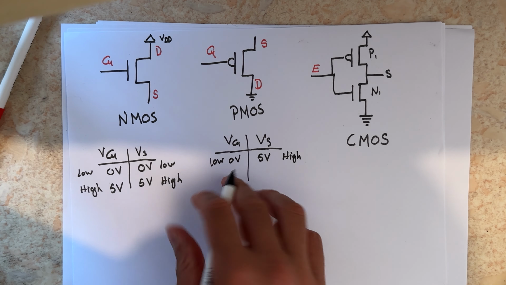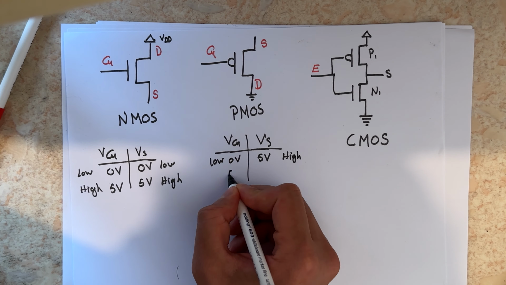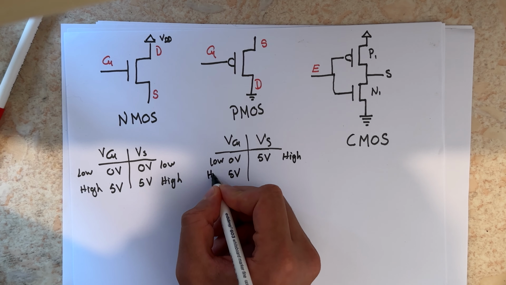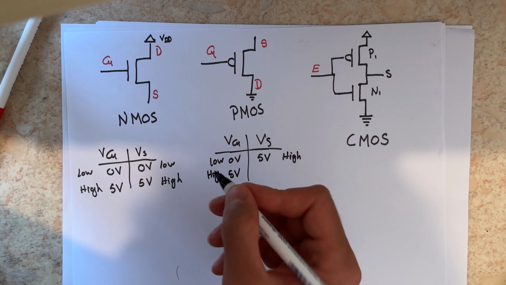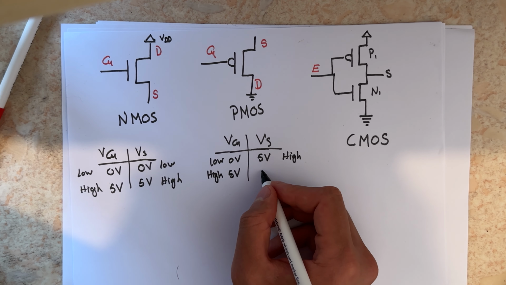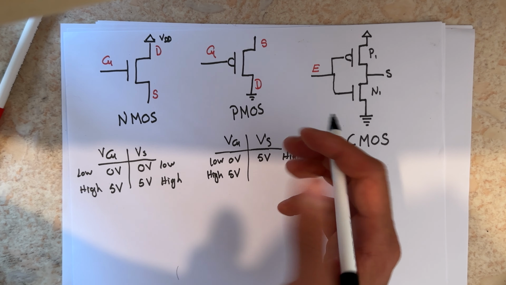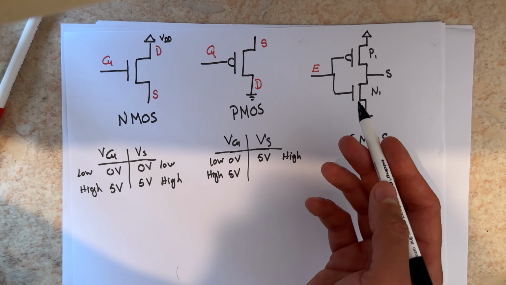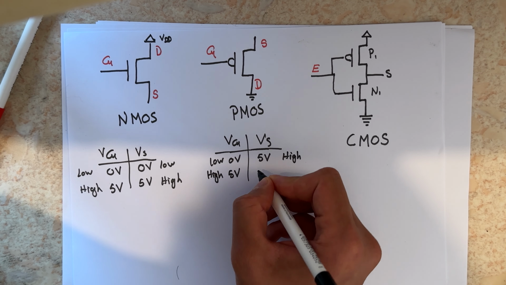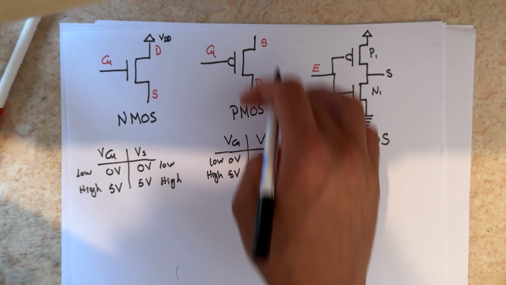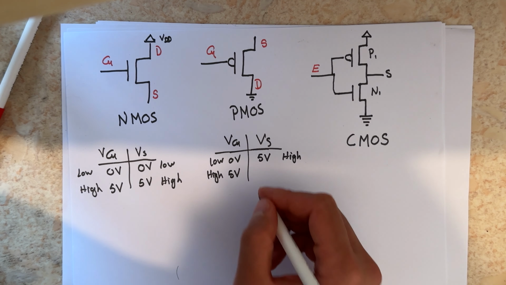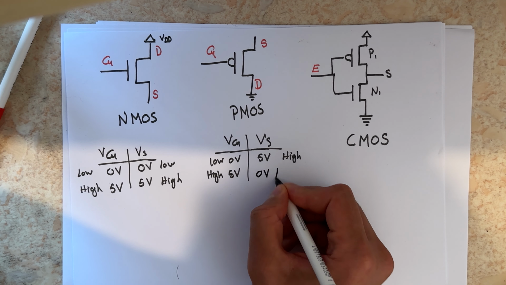And if you would apply 5 volts or a high, it could be another voltage also, you would get the invert or the opposite of it, or the switch would be turned off. The current would be turned off, so it would be 0 volts or low.